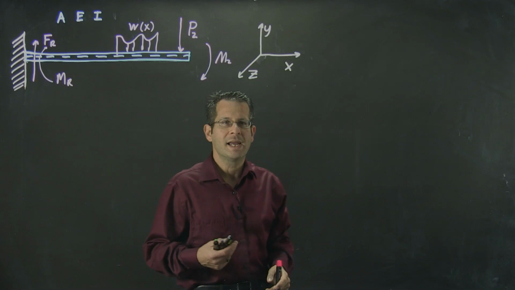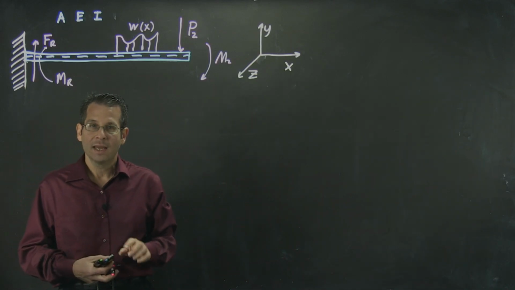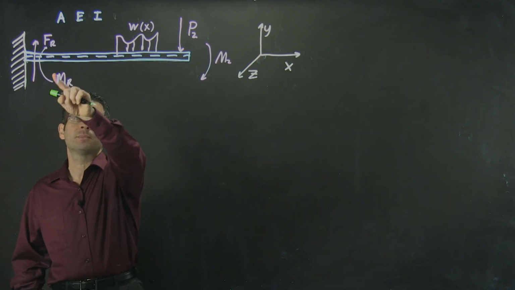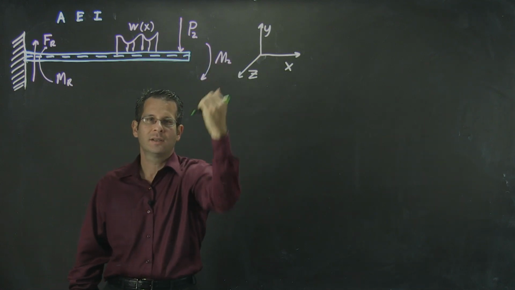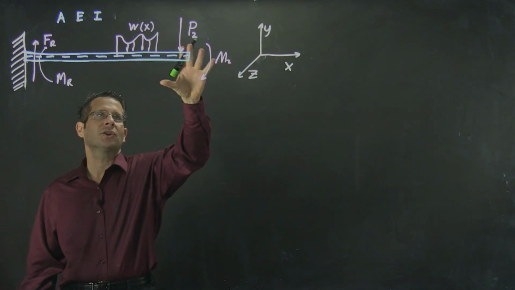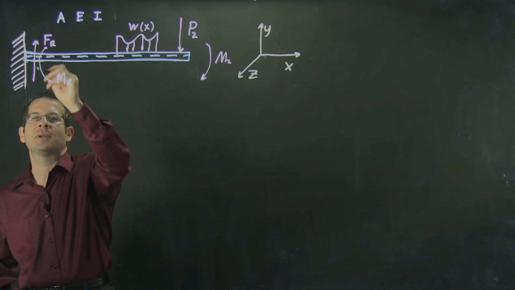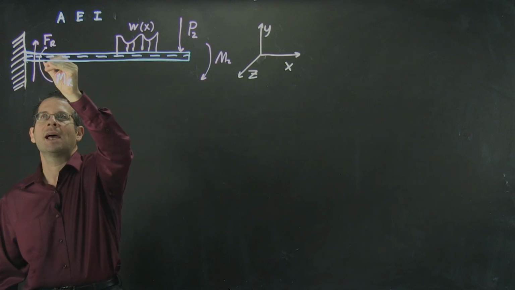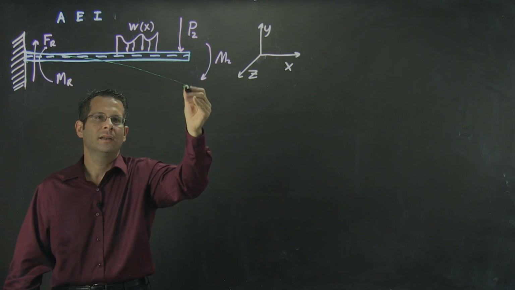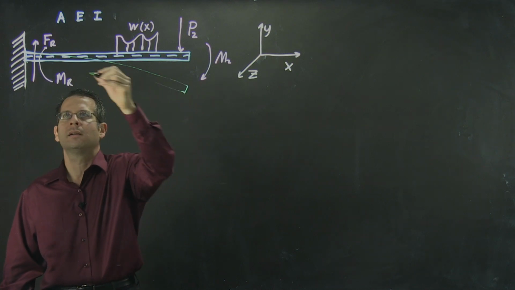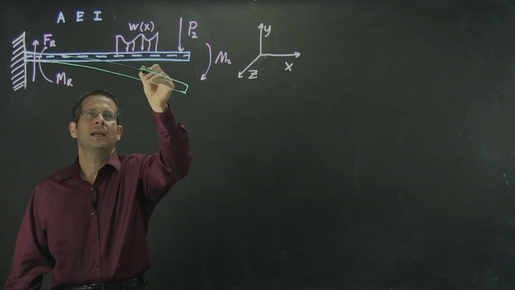All right, what am I interested in solving for when I do a beam problem? In bars, I was looking for the displacement of each point along the bar in the x direction. Now, when I apply external forces and moments to my beam, I expect the beam to displace not in the x direction, but in my y direction.